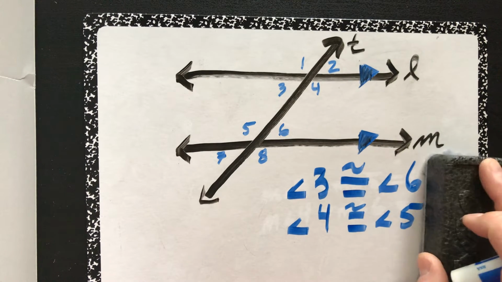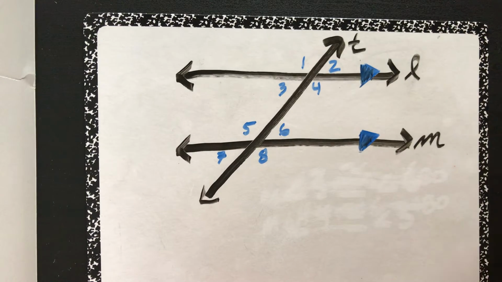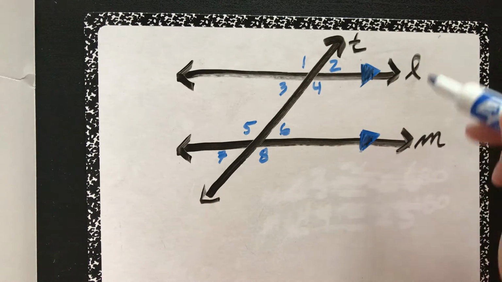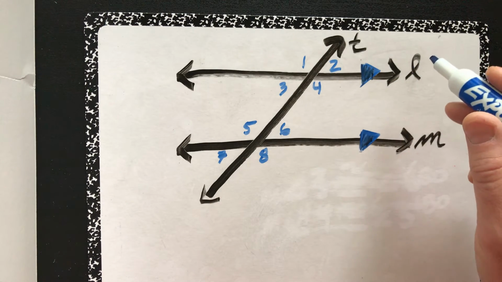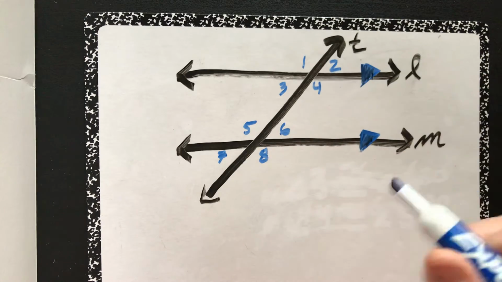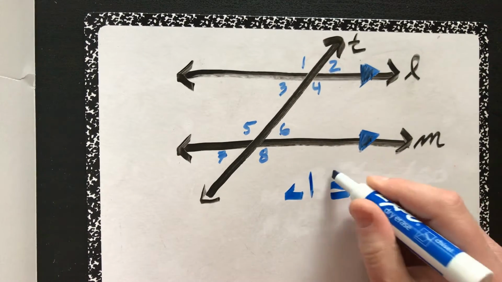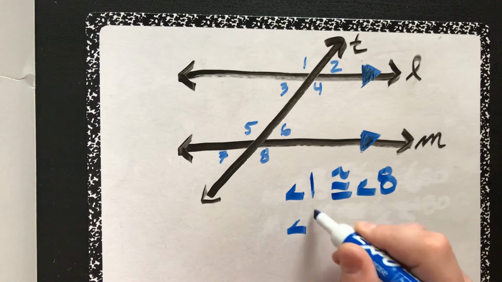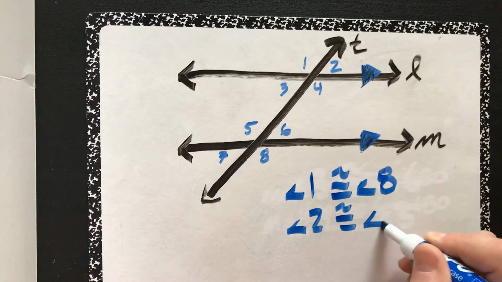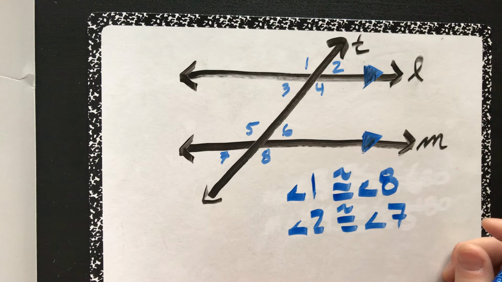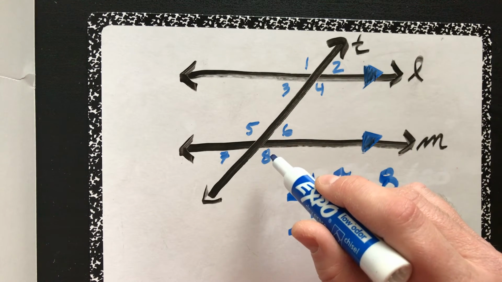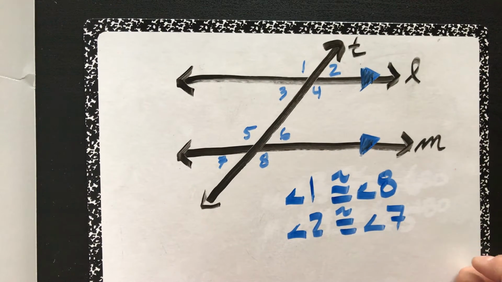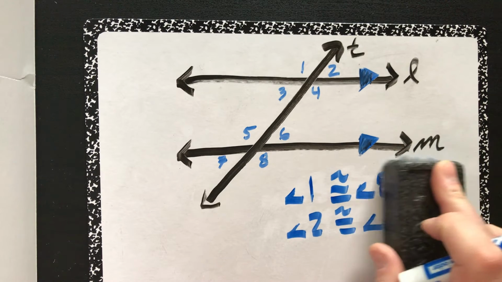Now, we have alternate exterior angle theorem. And that also says if a transversal intersects two parallel lines, then my alternate exterior angles are congruent. So in this case, angle 1 would be congruent to angle 8. And angle 2 would be congruent to angle 7. All right? So 1 and 8 are alternate exteriors. 2 and 7 are alternate exteriors. Those are also congruent.